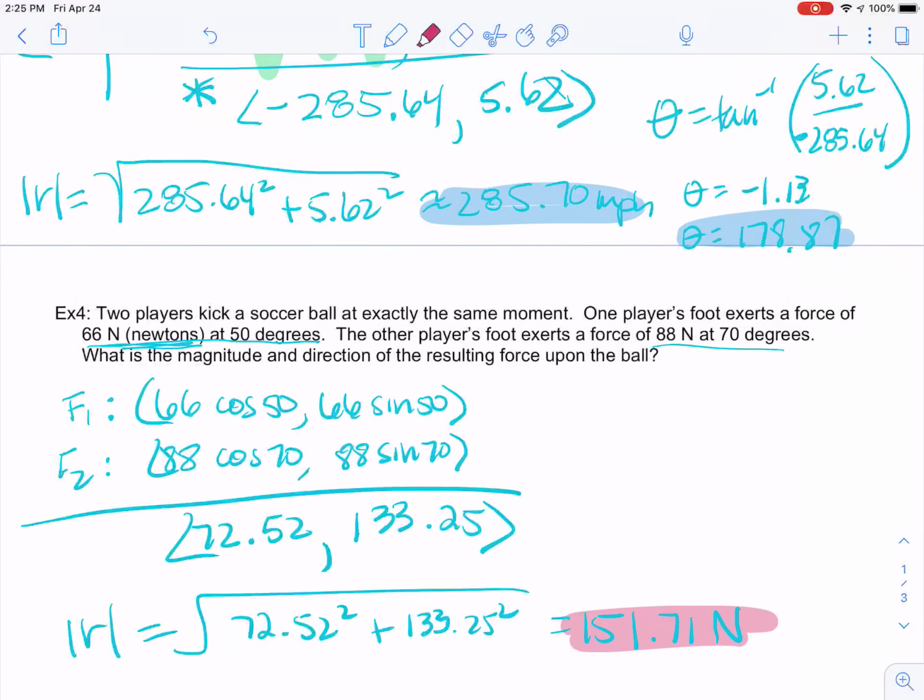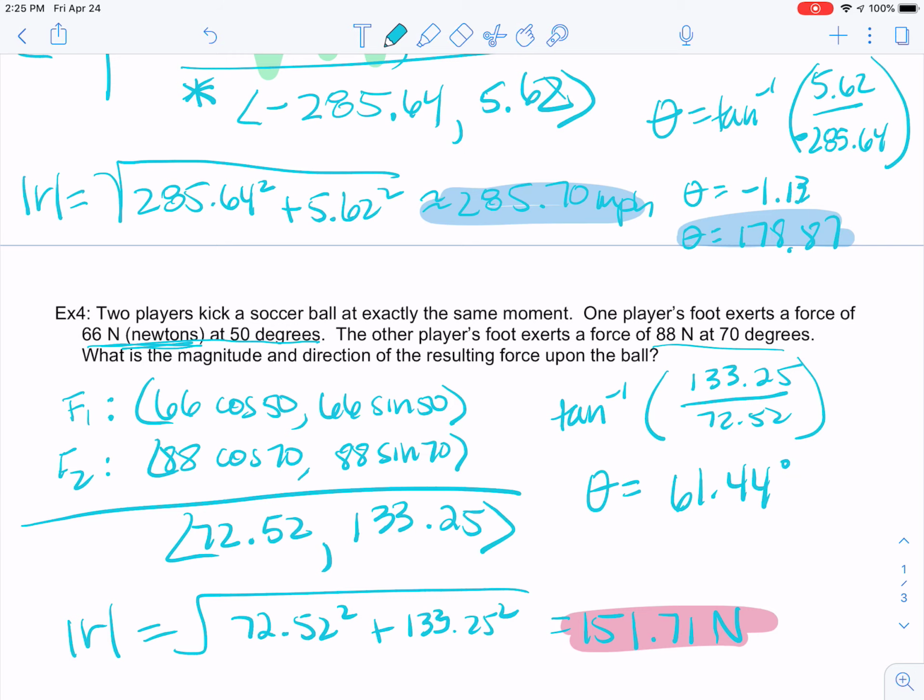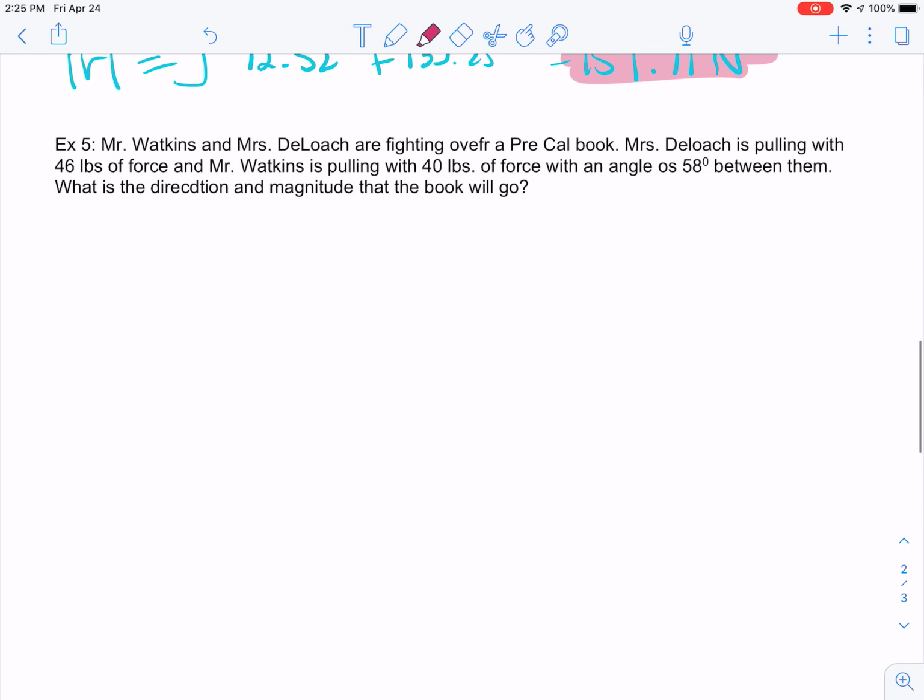And that's how many newtons it has. And then we're going to do tan inverse of 133.25 over 72.52. And we get theta is 61.44 degrees. And that is all we have to do each time. Same process, okay?